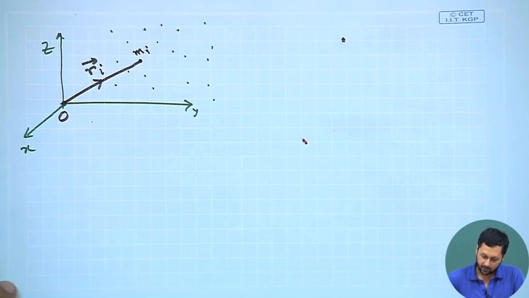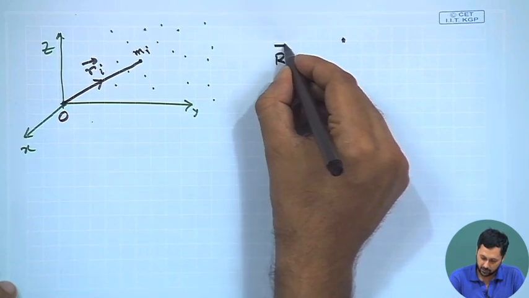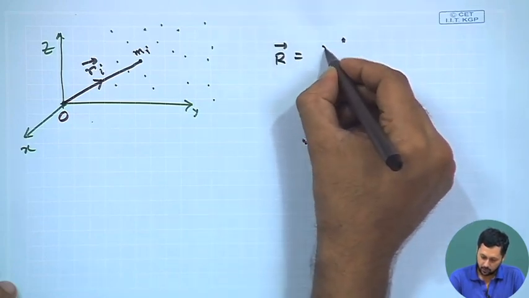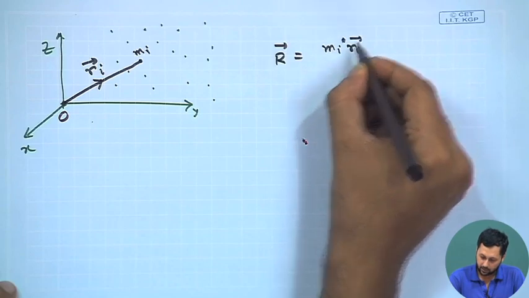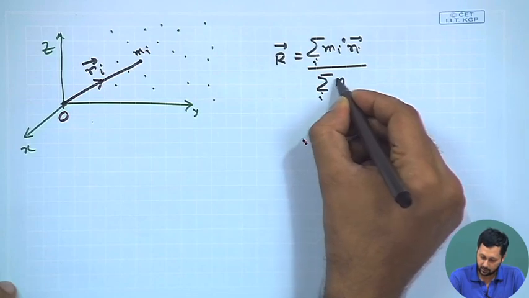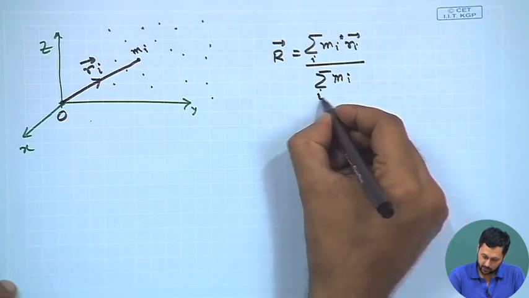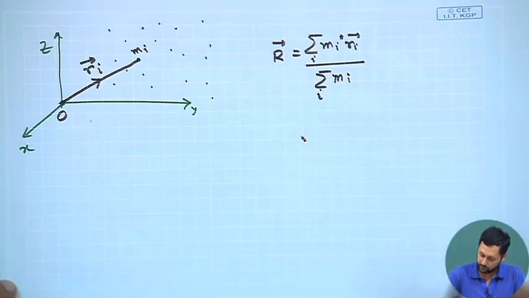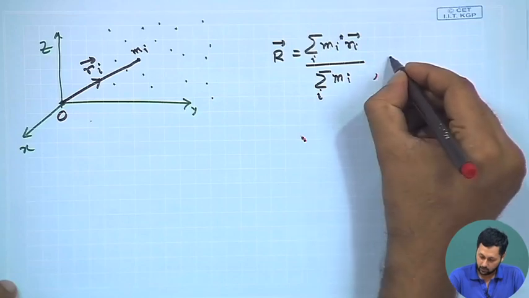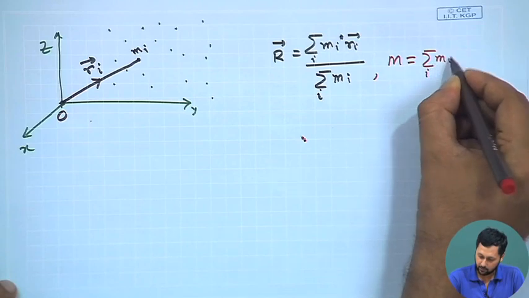If this is the case, then we can immediately define the radius vector of the center of mass, which is given by, by definition, R equal to the sum of m_i r_i divided by the sum over i of m_i. The total mass of the system M is given by the sum over i of m_i.